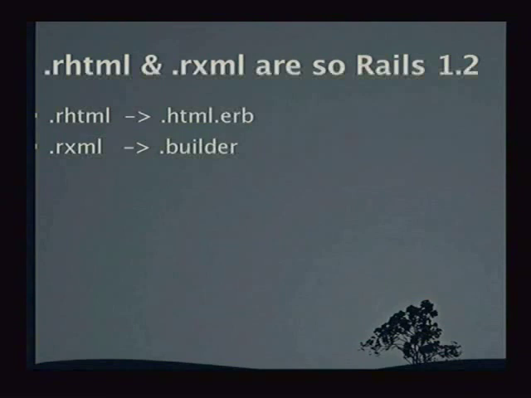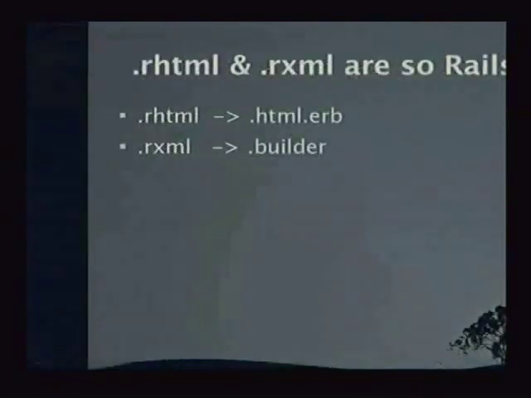This is a big one, but it's not going to be enforced. Well, let me talk about what it is first. RHTML and RXML, those are all the extensions for your views, and they're just so Rails 1.2. They're moving to namespacing these things with the .erb and the .builder extensions instead. And so this, maybe it's being a little bit anal.